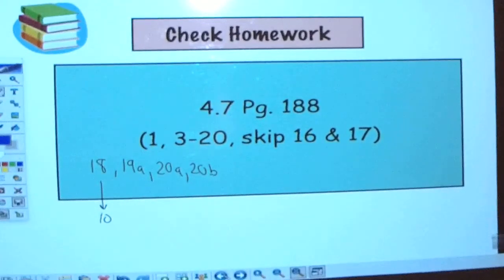They have to have m equals -2 or slope equals -2, and they have to have the point -1, 3. If they do not have that exactly, then it's wrong. If they put +1, that part of it's wrong, but everything else is right.